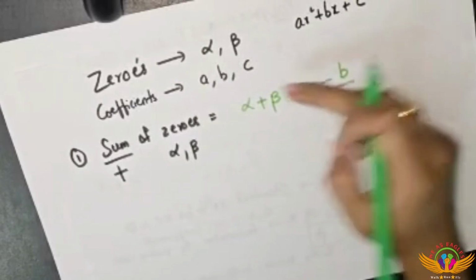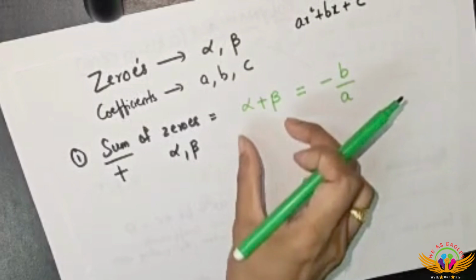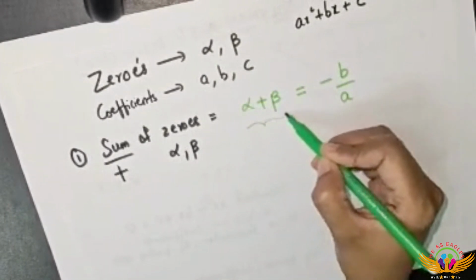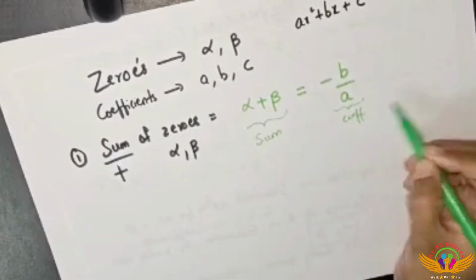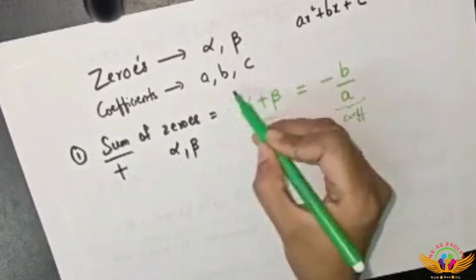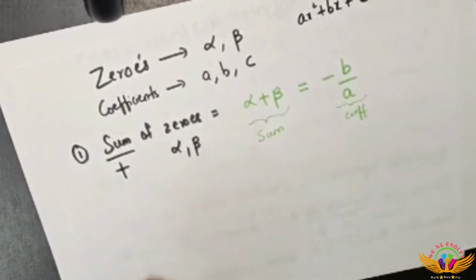These b and a are the coefficients. This is the relation between the sum of zeros and the coefficients. Please don't be confused about what the relation is. This formula itself gives you the relation between zeros and coefficients.